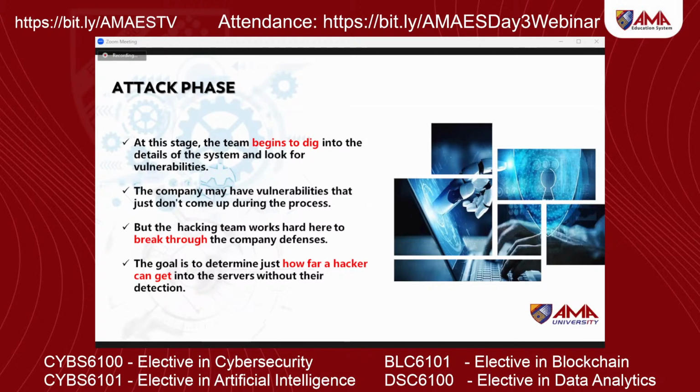But the hacking team works hard here to break through the company defenses. Ang main goal kasi dito is to determine how far a hacker can get into the servers without detection. Okay, so that is the attack phase.